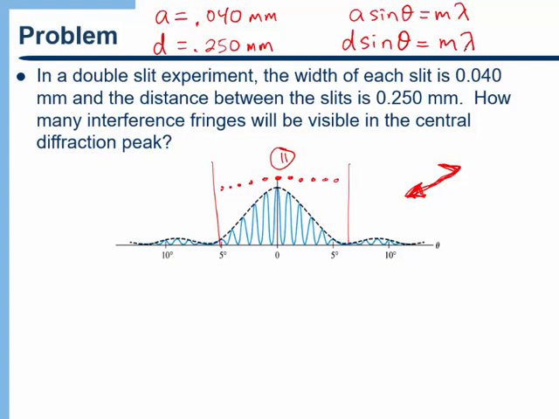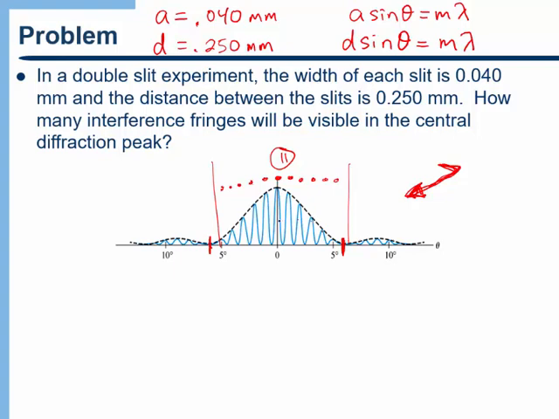Now, if you think about how to solve this problem, really what we want to find is the angle at which the diffraction pattern goes to 0, and then use that angle to figure out how many little dots of the interference pattern are within that angle.